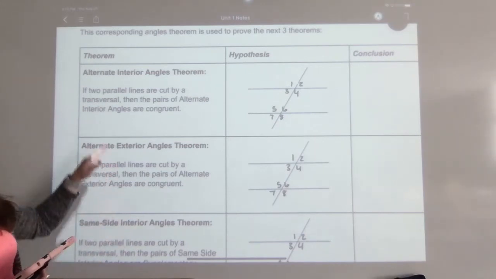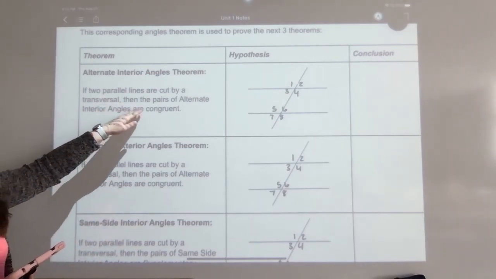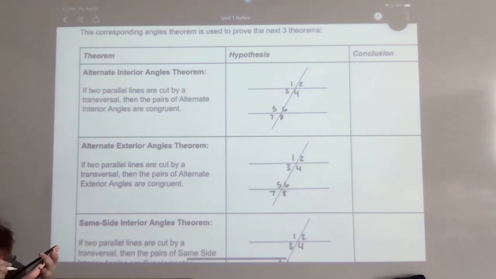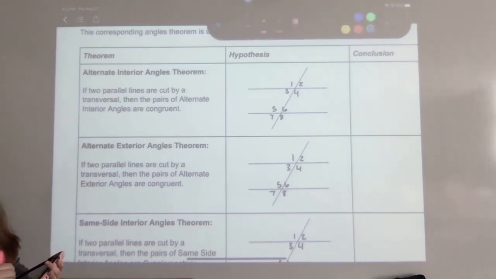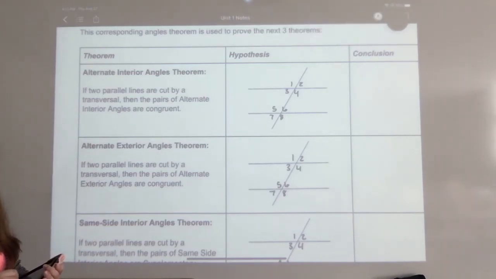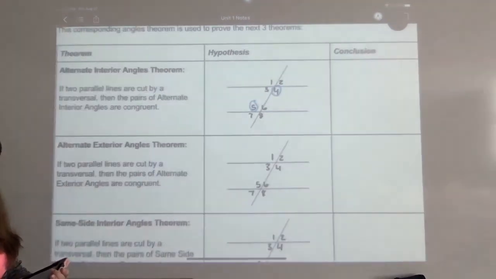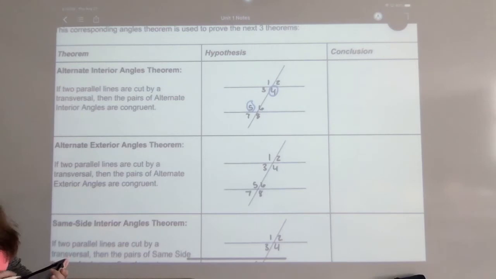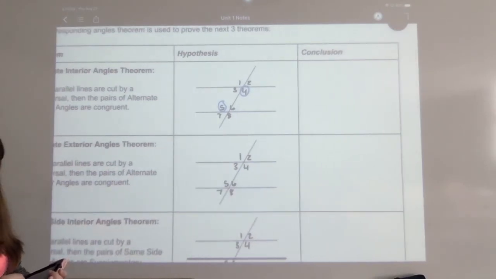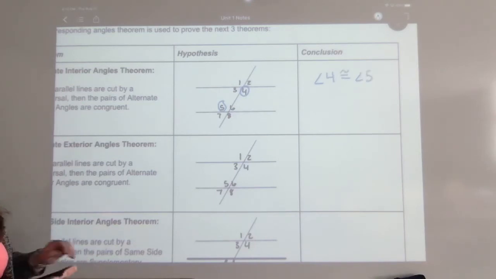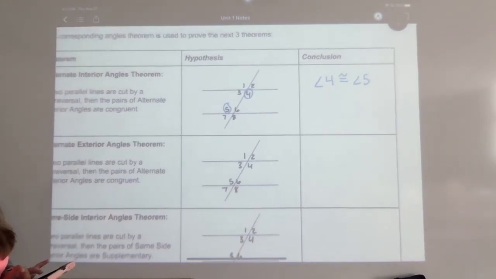So if I have pairs of alternate interior angles, let's look at, for example, alternate interior angles 5 and 4. So I can conclude by the alternate interior angles theorem that angle 4 is congruent to angle 5. All right, so that's the alternate interior angles theorem.